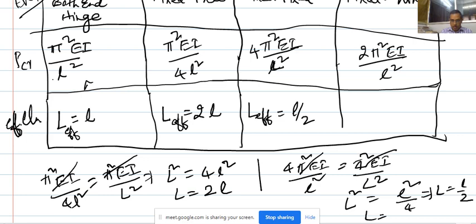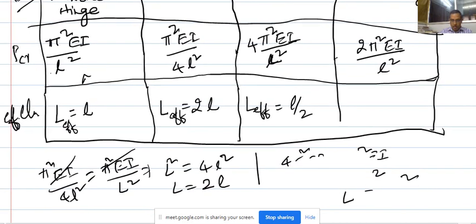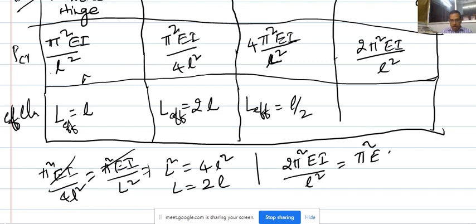And if you look at the fourth case, 2 pi square E I by l square equals pi square E I by capital L square. Pi square E I cancels, so capital L square equals l square by 2.